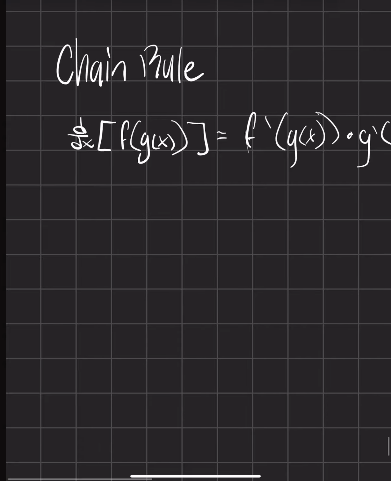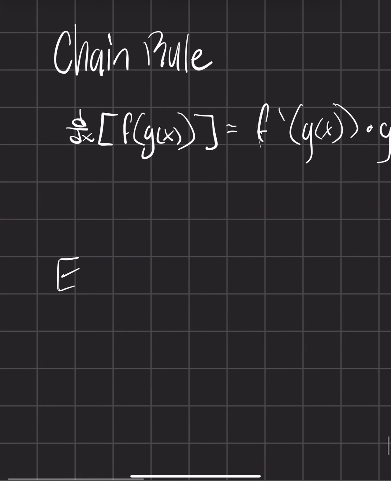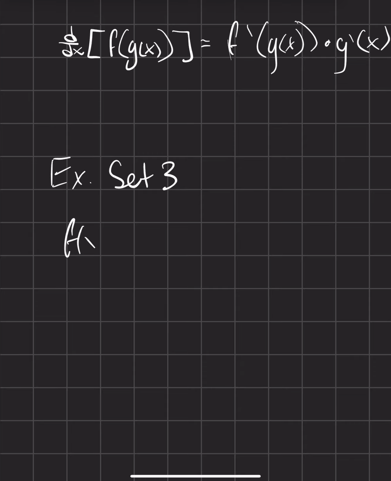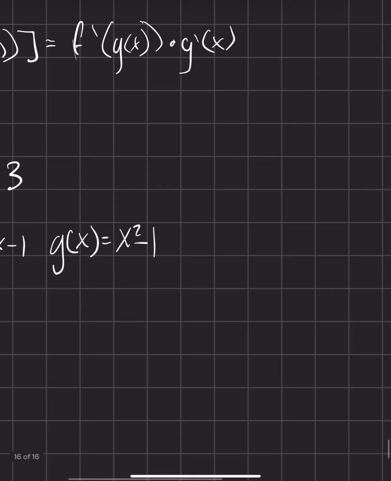And so let's have an example set. Say that we have f of x, right? Let's say this is 3x minus 1, and we have g of x, that's going to be x squared minus 1, and we want to find what is f circle g prime.